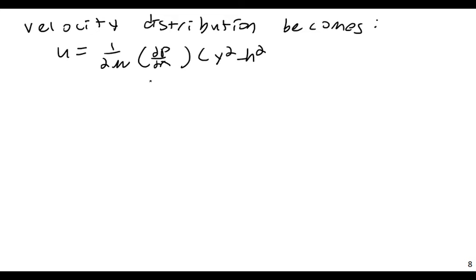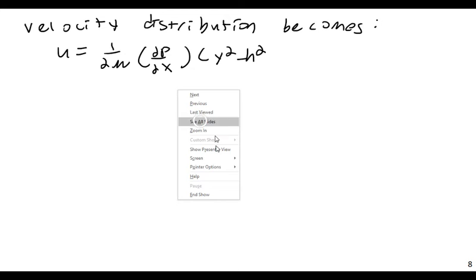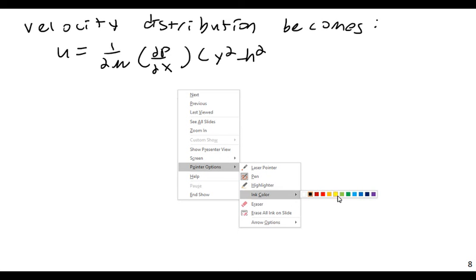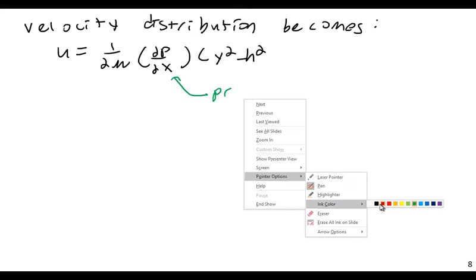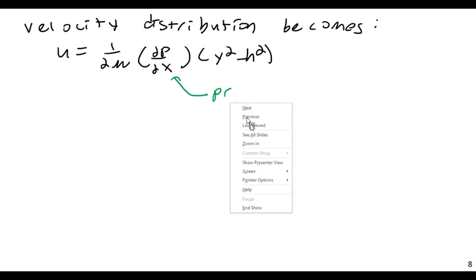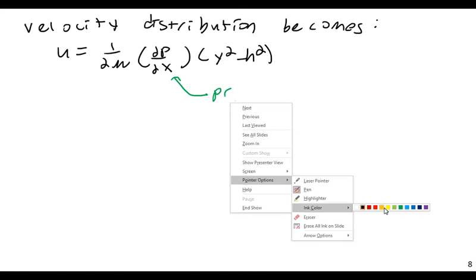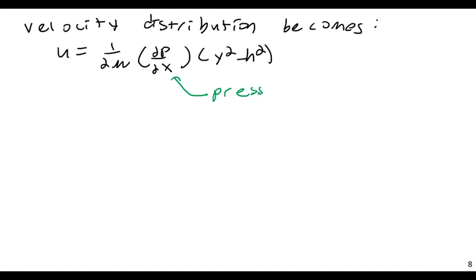So in other words, we have a pressure gradient along x.